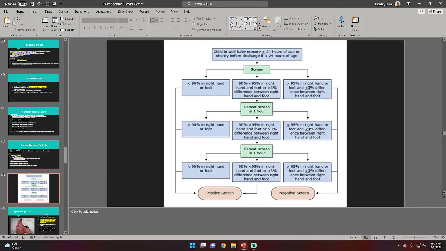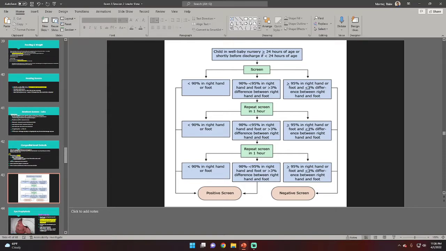This is a chart of exactly what that was. We're doing an assessment. We have these different ways to get to these different results here. So if we get more than 90% on the right hand or foot, then it is a positive screen.